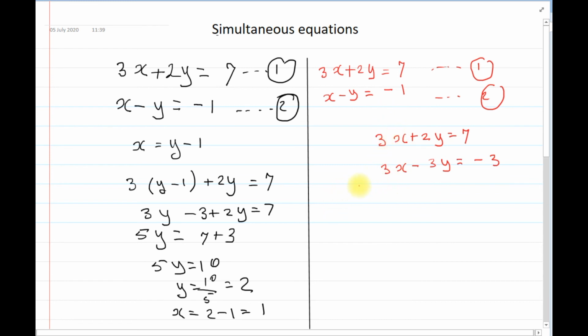So the left-hand side of the top one is 3x plus 2y, and I take away from this the left-hand side of the bottom one, which is 3x minus 3y. And this will be equal to 7 minus 3.